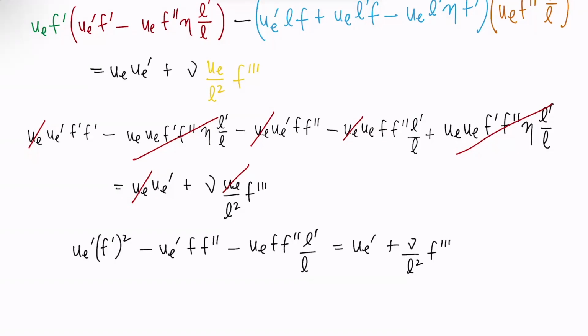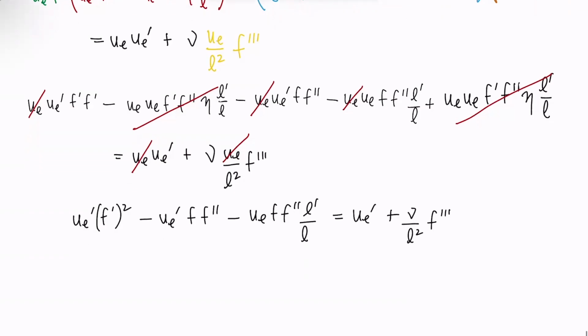Minus UE U prime F prime minus F prime squared. Okay, this is fine.